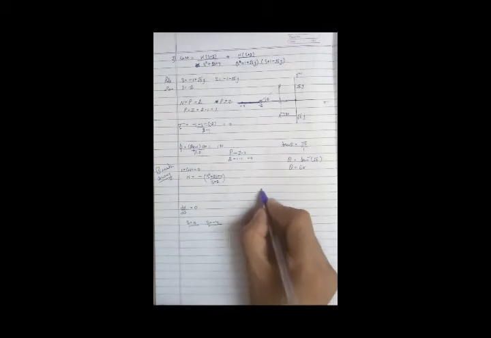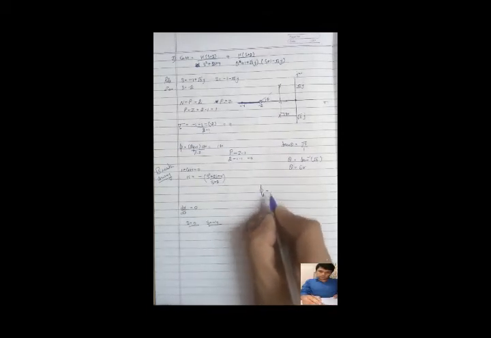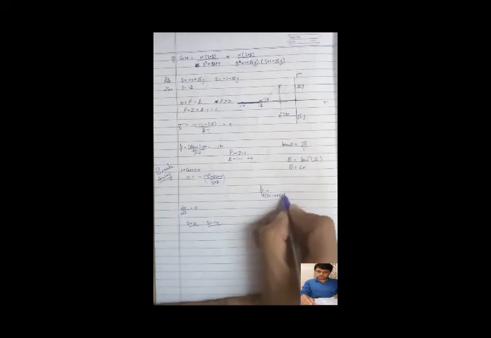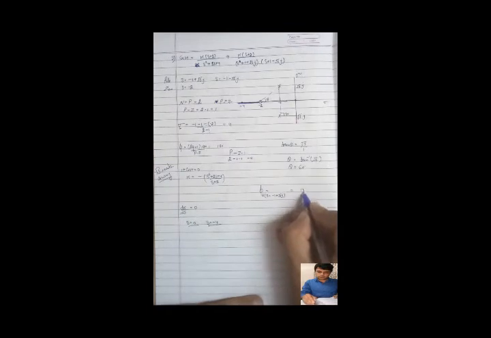And my angle of departure phi d, for the particular pole s is equal to minus 1 plus square root 3j, is equal to 180 minus phi.